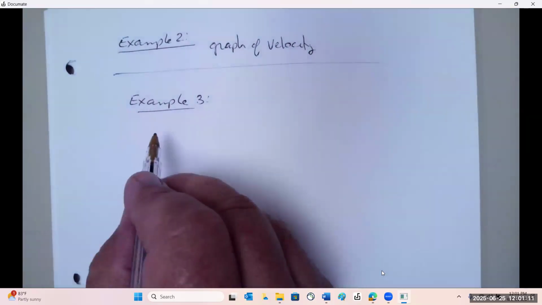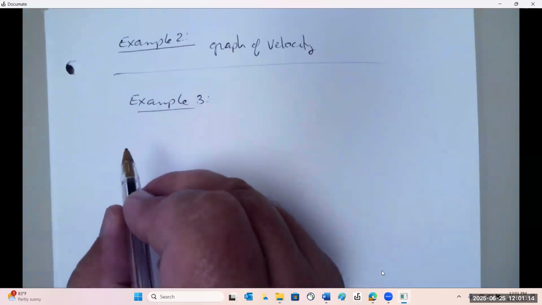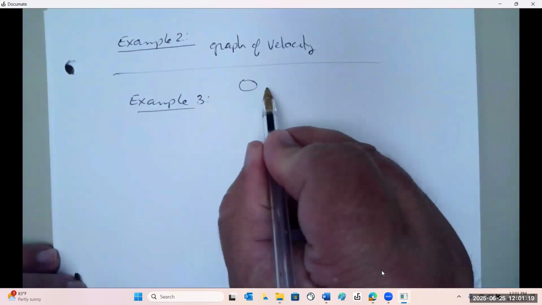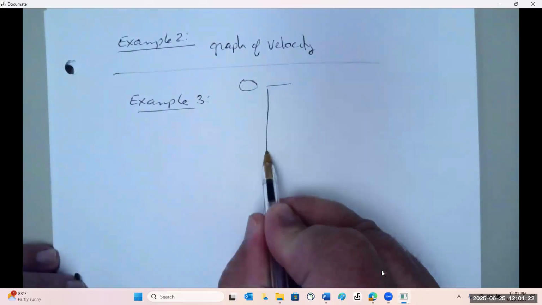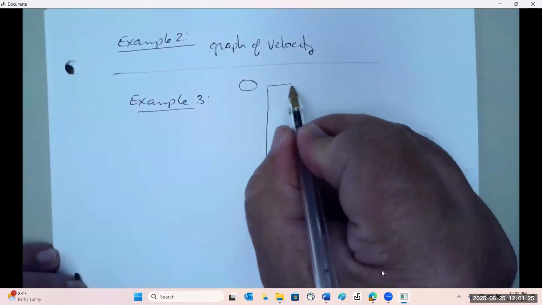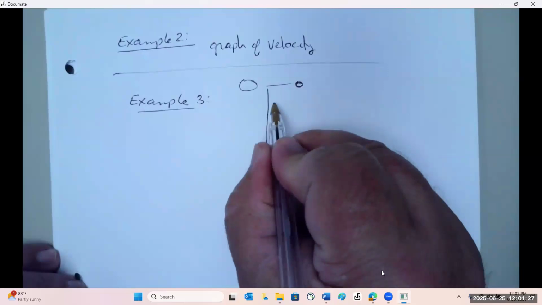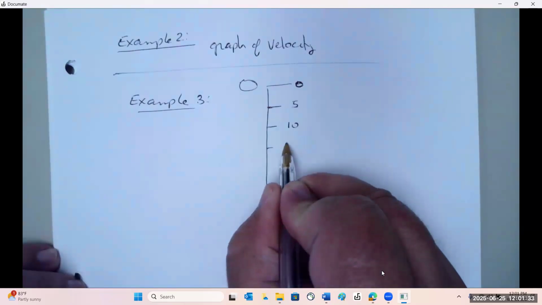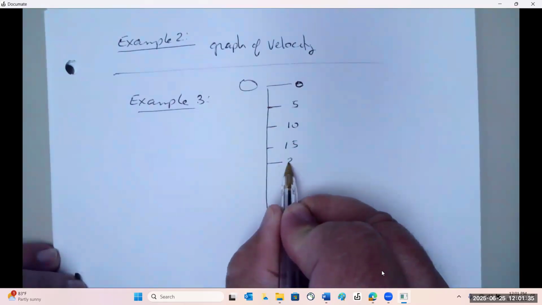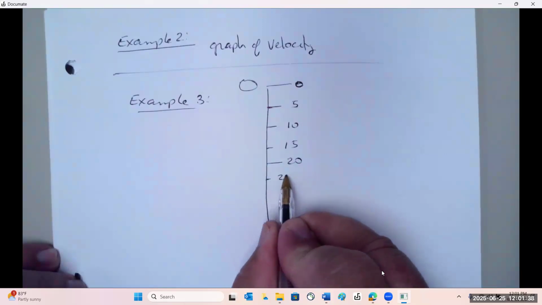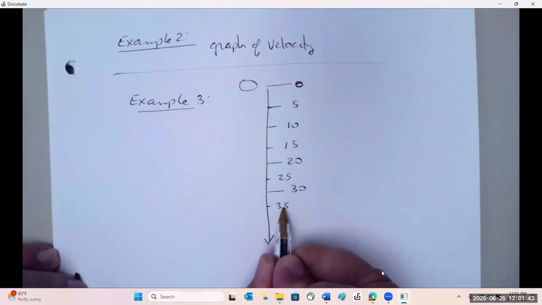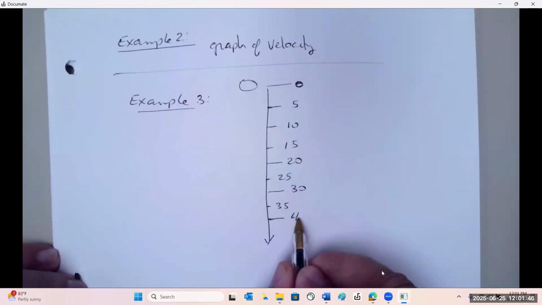All right, this one. Here's our figure. A ball is dropped. That's 0, 5, 10, 15, 20, 25, 30, 35, 40, and 45.